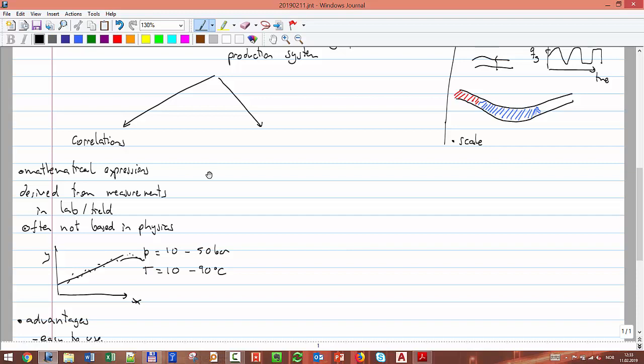The other approach is simply using an equation of state. In this equation of state, you have already seen the procedure, right? We have either Peng-Robinson, Redlich-Kwong, or van der Waals.